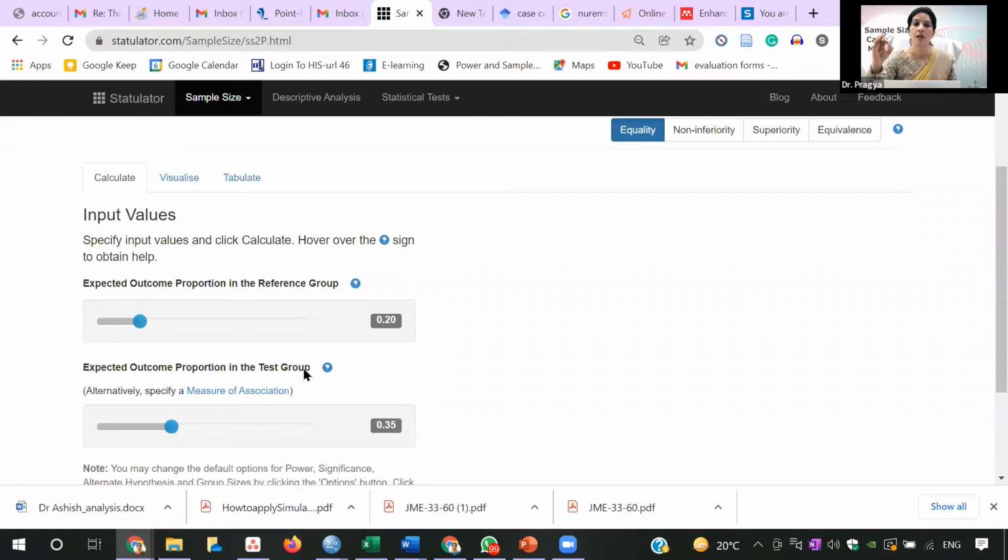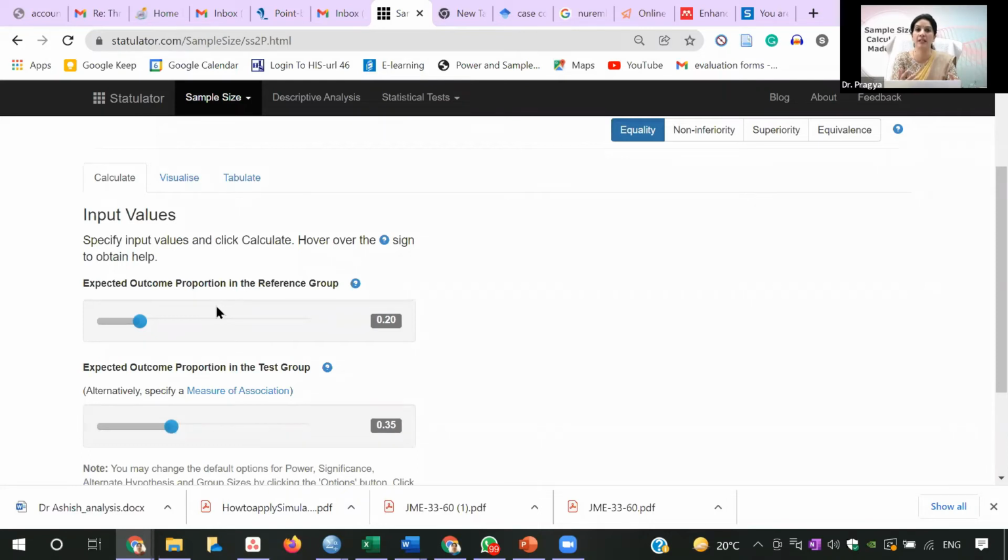The outcome in a case control study will be the exposure, not for the hypothesis, but for the calculation in Statulator. Ideally, the author should have written the expected exposure pattern in the reference group, and that is missing from this text.